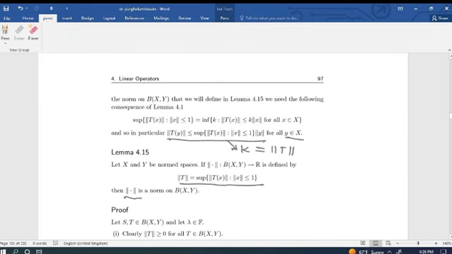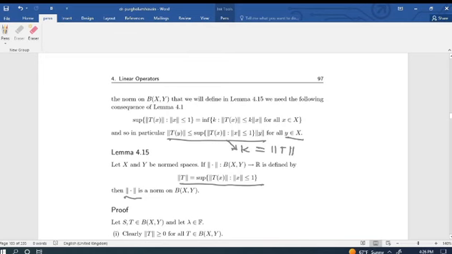Before that, we say that the supremum of the norm of T(x) for all x with norm less than or equal to 1 equals the infimum of k such that the norm of T(x) is less than or equal to k times the norm of x for all x.